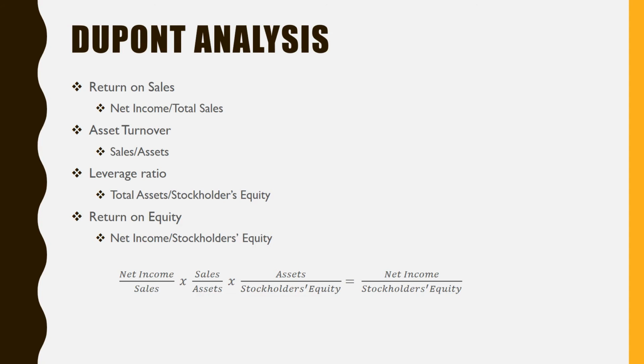And they noticed if you multiply them together, the sales in return on sales and asset turn cancel out. Assets on the asset turn and the leverage ratio cancel out, and lo and behold, you have the return on equity at the end. So rather than looking just at return on equity, they said let's split it out and look at all the components.